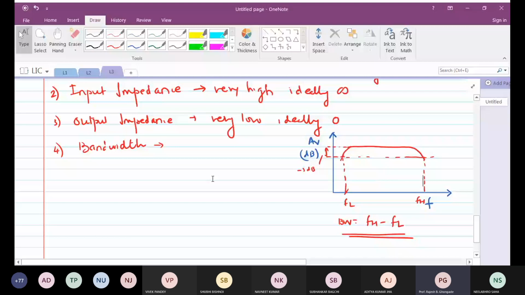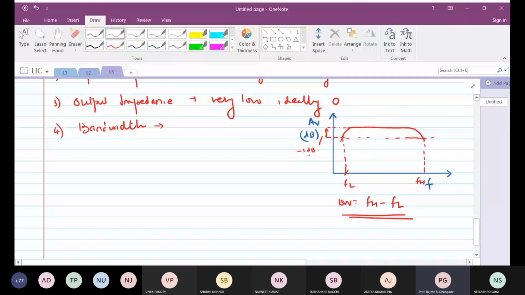Okay, and then we said that we purposely restricted this FH, no doubt about that. But then ideally we would expect an ideal frequency response which starts right from 0 and continues up to infinity without any change in the gain. So this green line is the ideal frequency response of an ideal amplifier. So we would want the bandwidth of our dream amplifier to be infinite hertz.